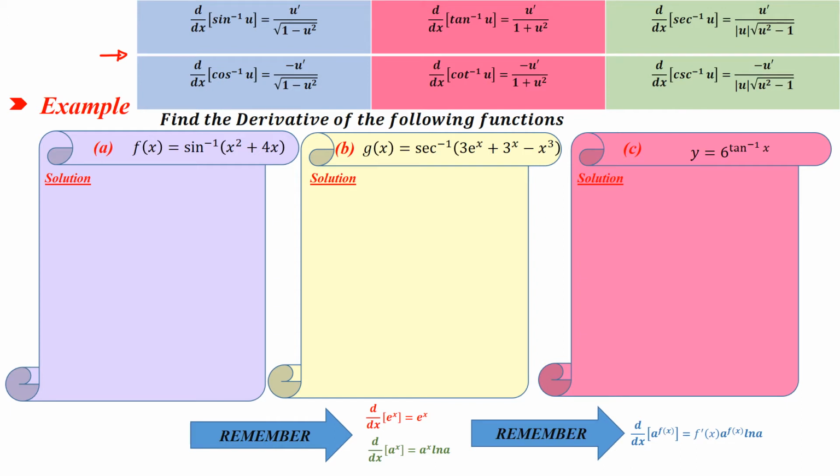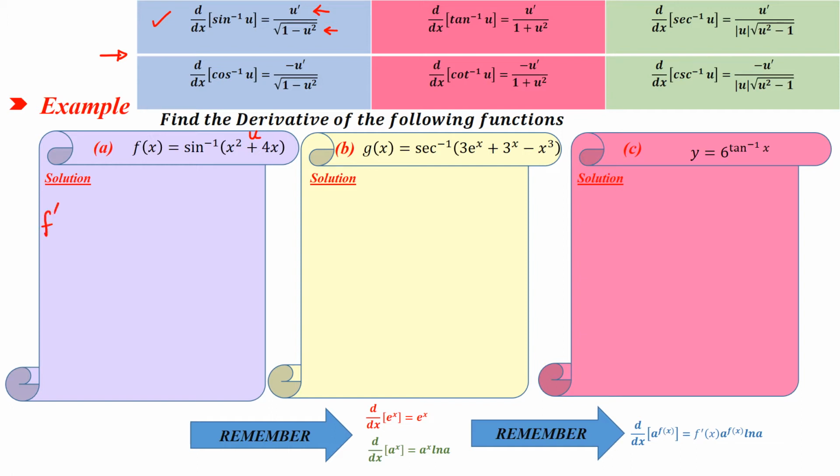So in part A we have f of x equals sine inverse of x squared plus 4x, and you have to find the derivative of this function. So you have to name the inside function u and use the derivative of sine inverse of u. So you have to find the derivative of the inside function divided by square root of 1 minus the inside function squared.